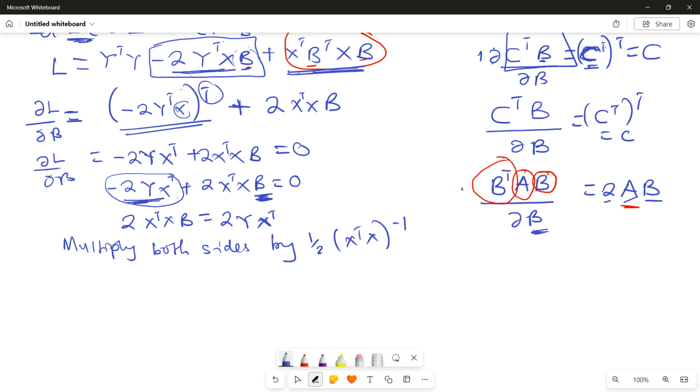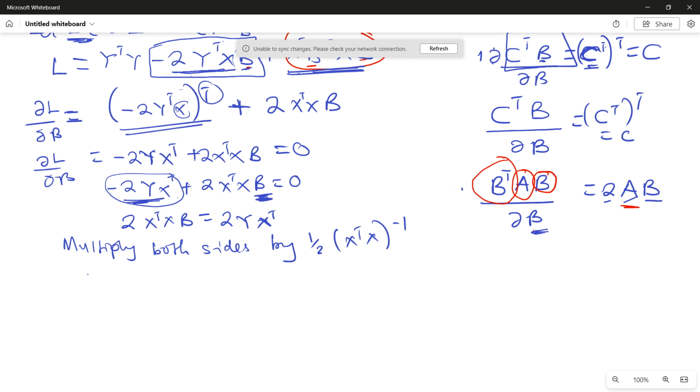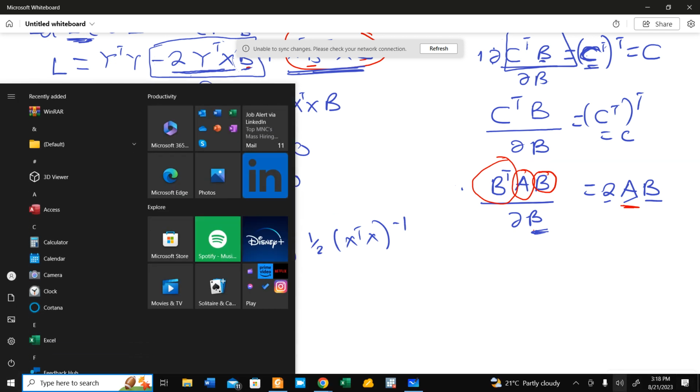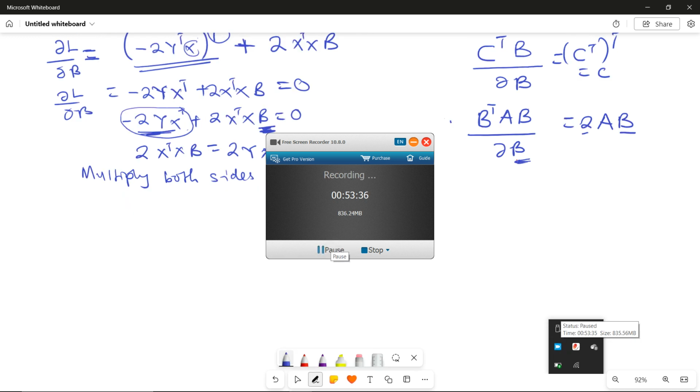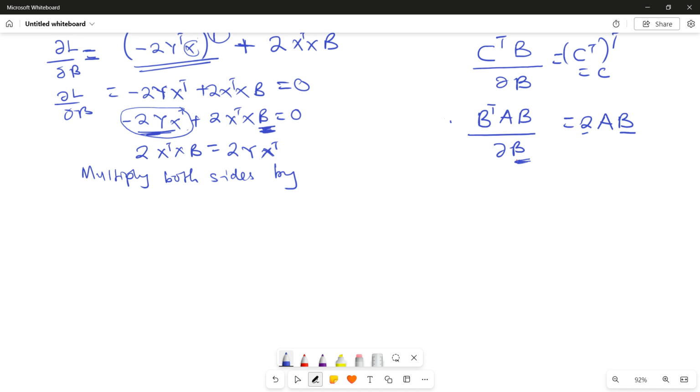So why are we doing this? We said that we should multiply both sides by half x transpose x inverse, so that we can make beta the subject of the formula.